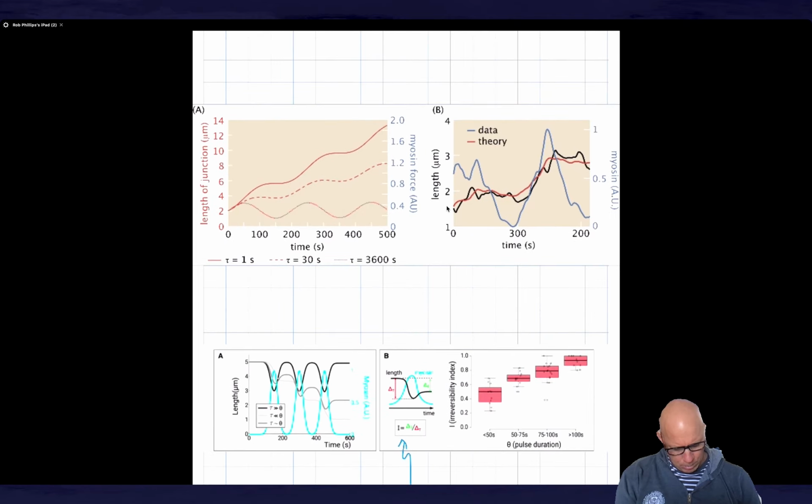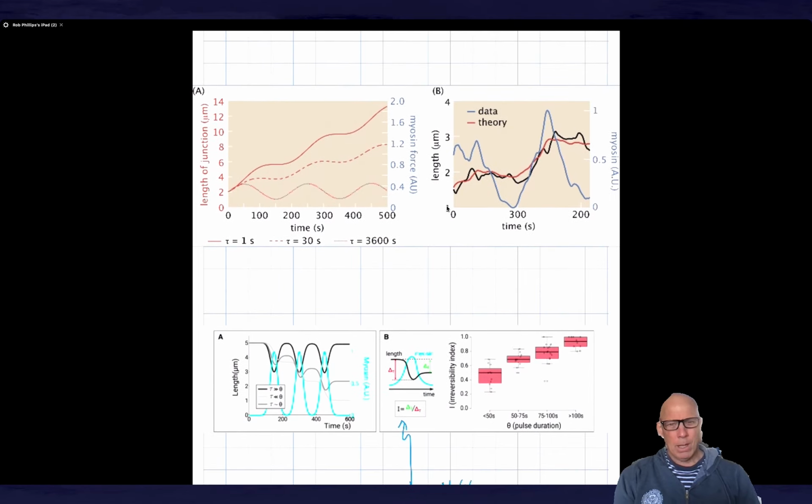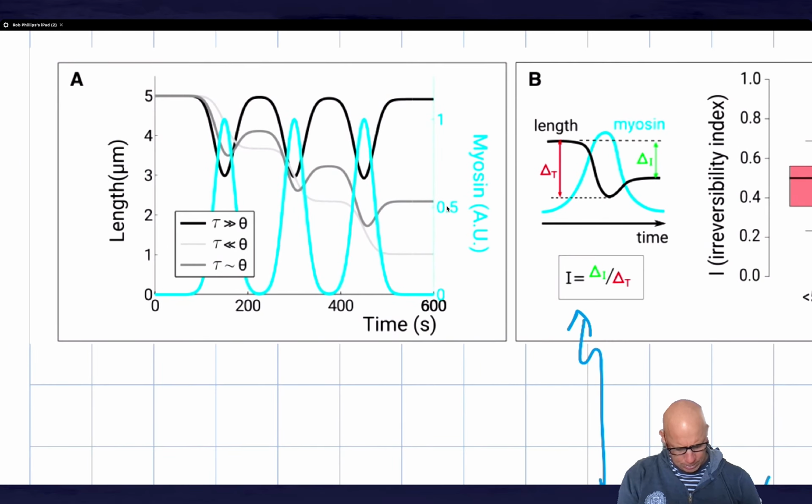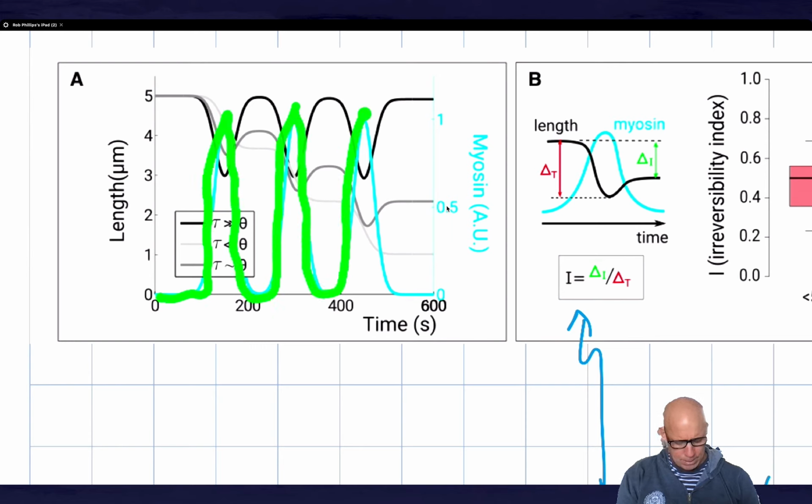The thing that's really neat about what I just showed you is that there's two competing timescales. There's the timescale tau, which tells you the timescale for viscous relaxation, and then there's the timescale associated with the load. To be concrete, down here is an example from their paper, where they have periodically spaced Gaussians of myosin activity.